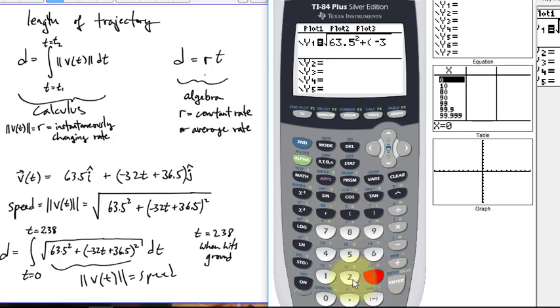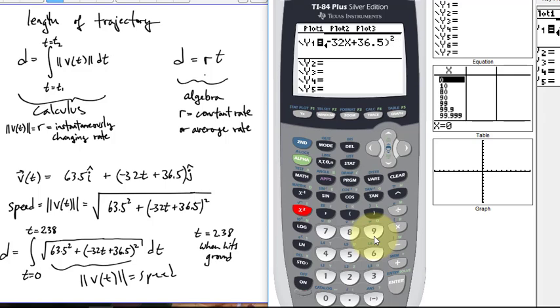That negative is important there. There's no need to simplify it when typing it into the calculator. It'll work just exactly perfectly like that.